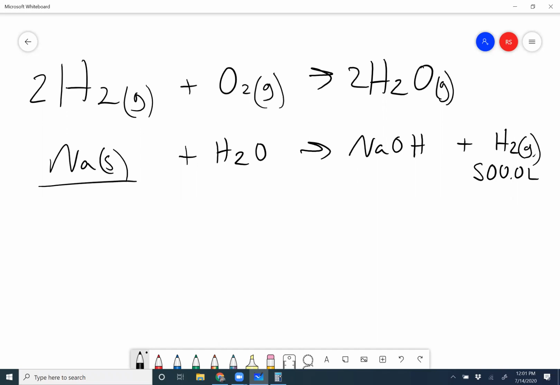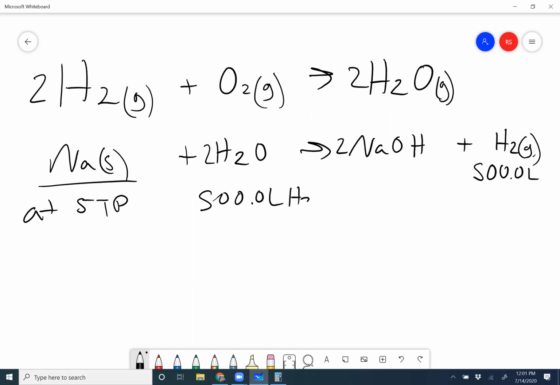So first, if it's stoichiometry, we need a balanced chemical equation. So we're going to need to put a 2 there and a 2 there. But then also, if we're going to solve for this, we need to know all the conditions. If it's at STP, we can simply solve it. So say it said at STP. Well, for that, we can just use the equivalence of the 22.4 liters.